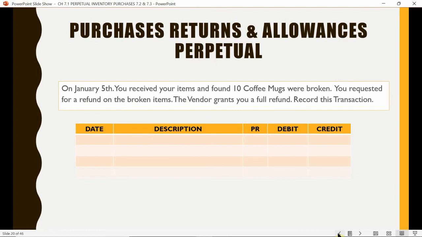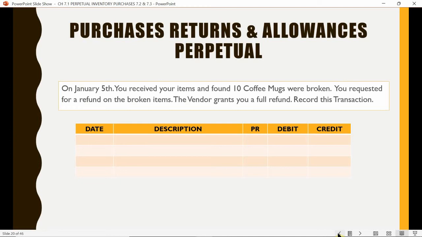Now let's take a look at this. So when we received the items, we found that 10 of those coffee mugs were broken. Okay. And you, of course, requested a full refund from the vendor for the broken items, and of course the vendor grants you the full refund.